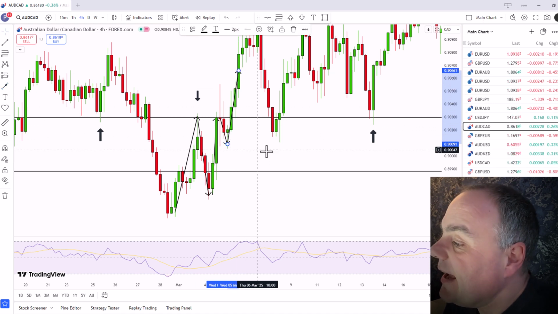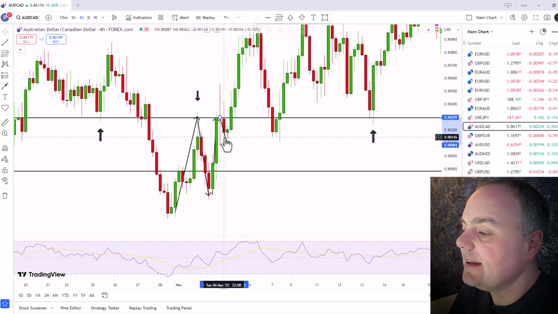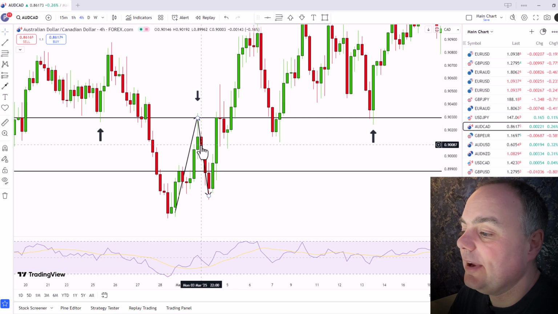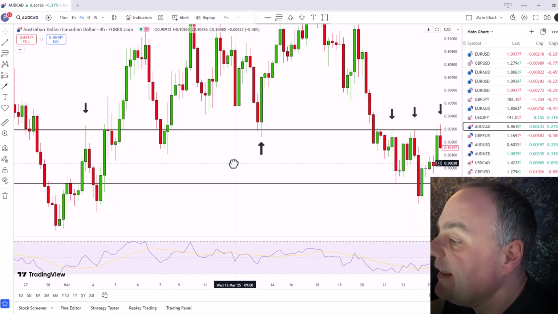So even in areas where we can see it broke through, it didn't break through easily. There was some sign of the level being there.